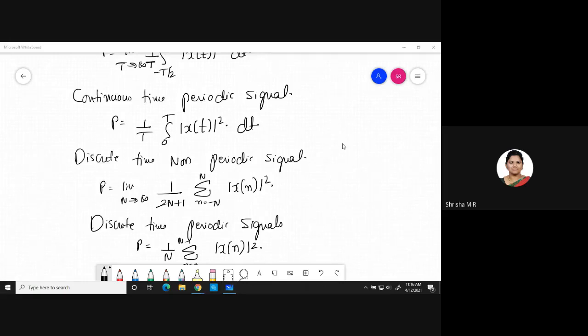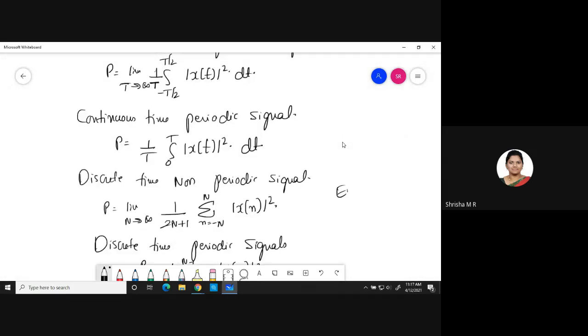Energy and power of the signal. So we have different equations for energy as well as power. You people know that energy is nothing but power into time, or power is energy by time. Did you all take down?